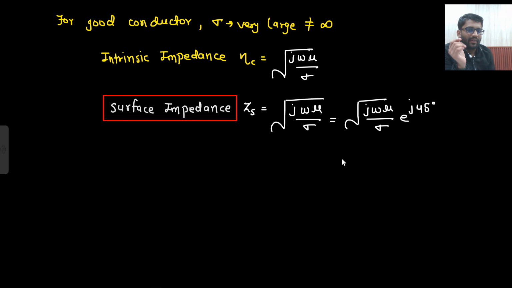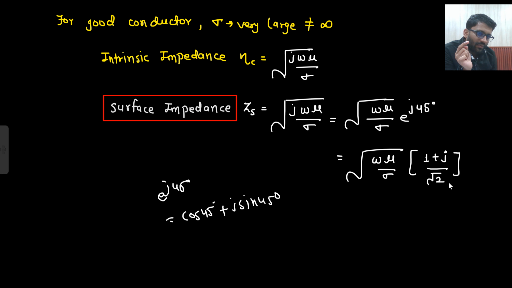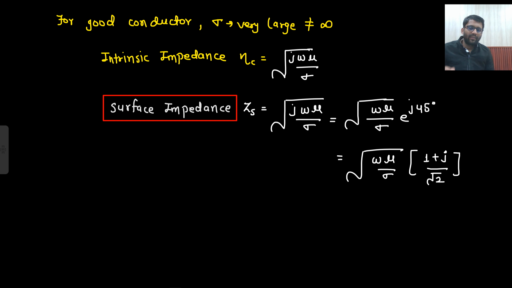What is e to the power j45 degrees? That equals cos 45 plus j sin 45, which is 1 by root 2 plus j 1 by root 2. So I can write it as 1 plus j divided by root 2. Say yes or no, right? In that manner I can break it down.